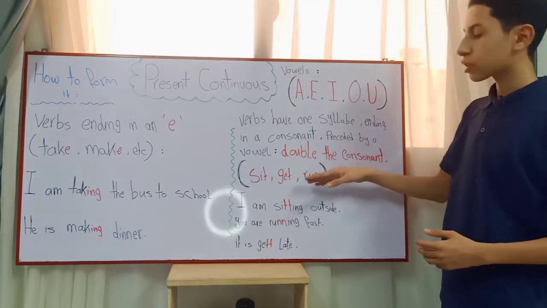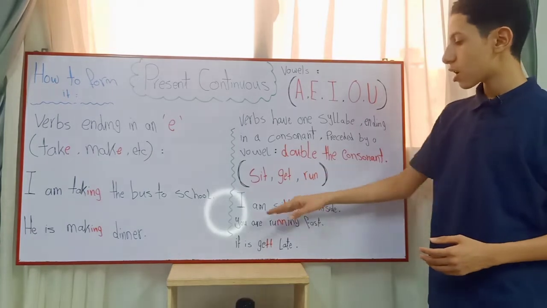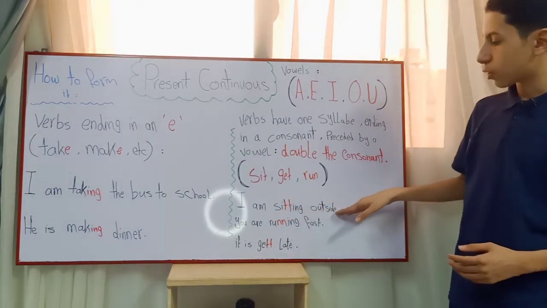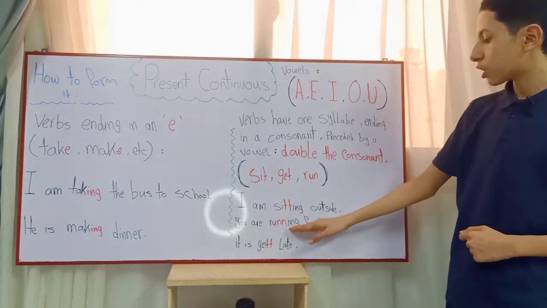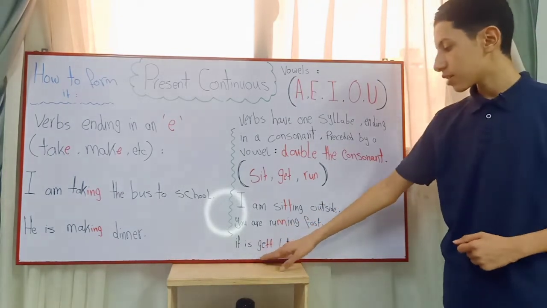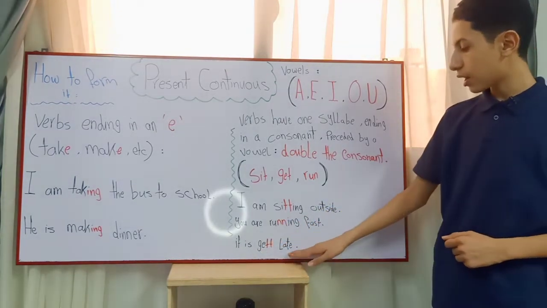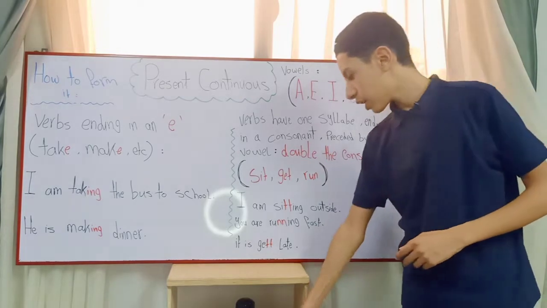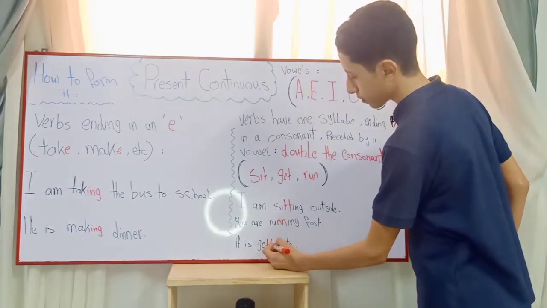We double the last consonant. I am sitting outside. You are running fast. It is getting late.